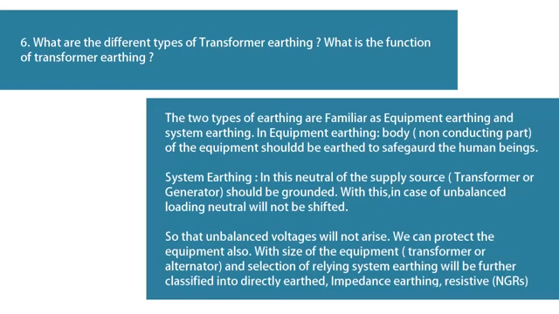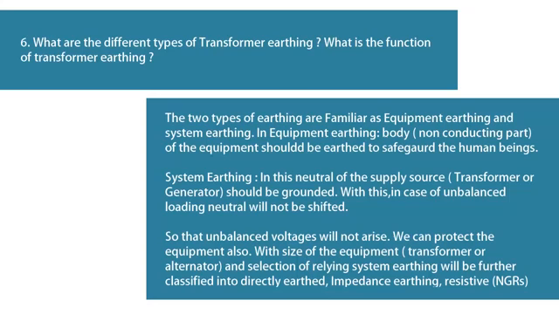In system earthing, the neutral of the supply source, transformer or generator, should be grounded. With this, in case of unbalanced loading, neutral will not be shifted, so that unbalanced voltages will not arise. We can protect the equipment also.